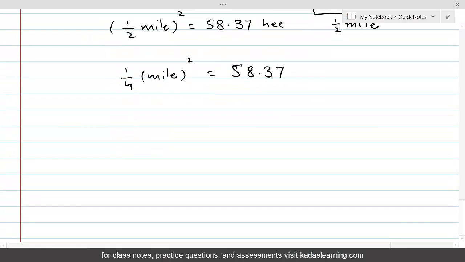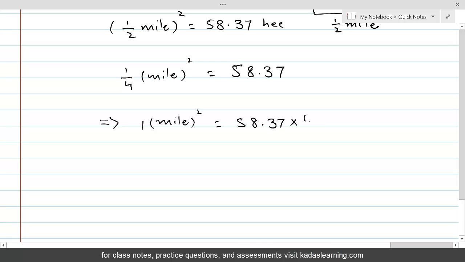58.37. And if we multiply both sides by 4, this mile square means 1 mile square is equal to 58.37 times 4, and this will be equal to 233.48 hectares.